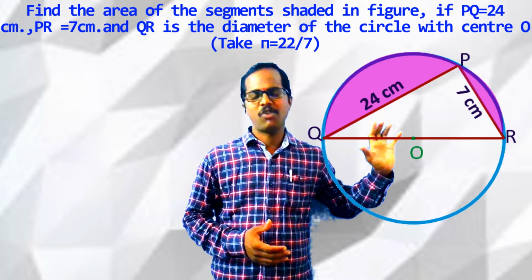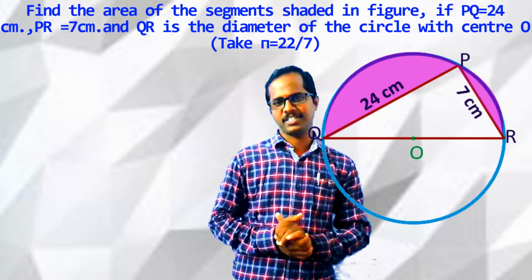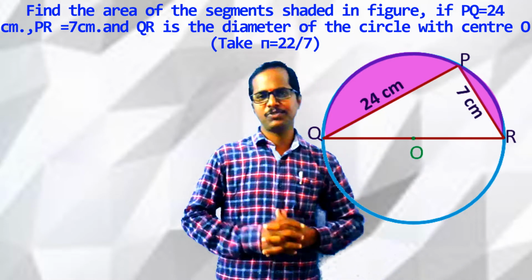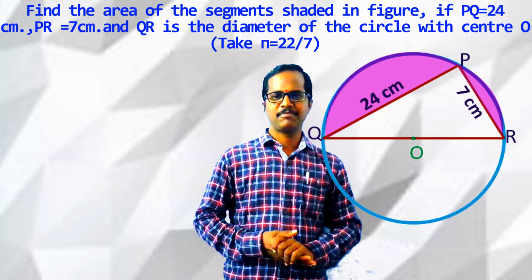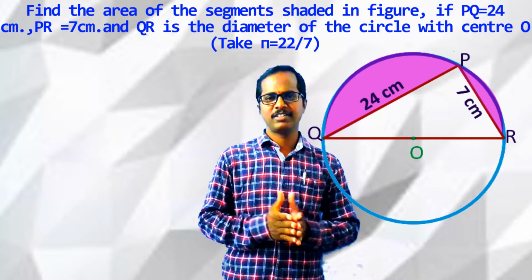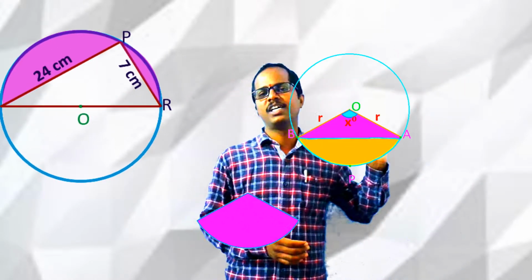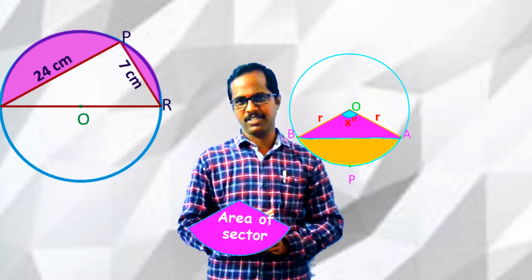Now see, how can we find the area of these two segments that are shaded? What is the concept that we used in finding the area of the segment of a circle? Do you remember? Try to remember once. To find the area of the segment of a circle, first we need to find the area of the sector in which the required segment is a part.